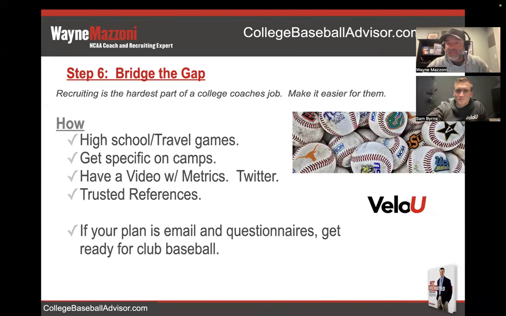That might get some attention. Or 6'3", 220 outfielder, ultimate utility guy. Velo U client gained 12 miles an hour in a year. Something, because otherwise it's too many of them.